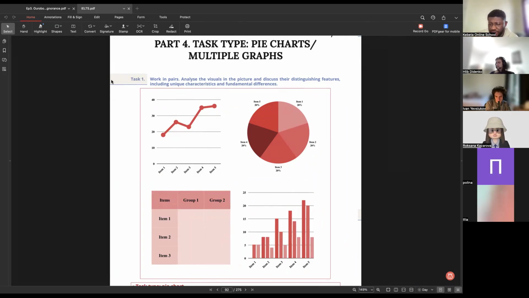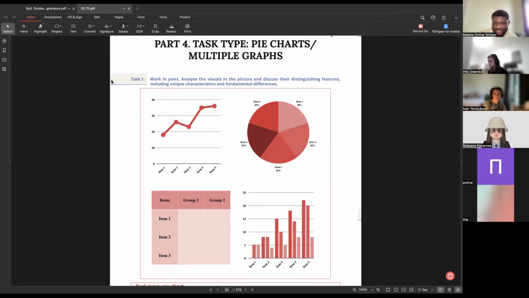We have diagrams, we have line graphs. So what are you seeing here, guys? What are these diagrams? Line graph, pie chart, table, and bar graph. Bar chart. It's chart, not graph.